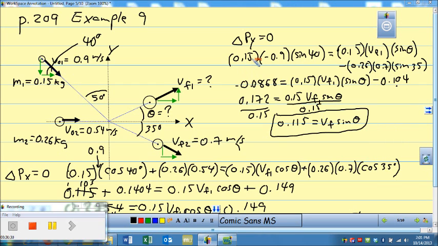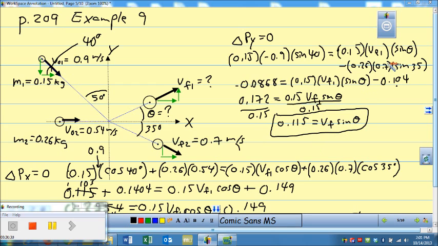We have the 0.15, that's the first mass, times the 0.9 times the sine 40 for the downward. There is no y component to the second mass initially. And then we have 0.15, the mass, times the final velocity times the sine of theta, because it's the y component. And we have minus, because this one is going downward, the 0.26 mass times the 0.7 meters per second velocity times the sine of 35.